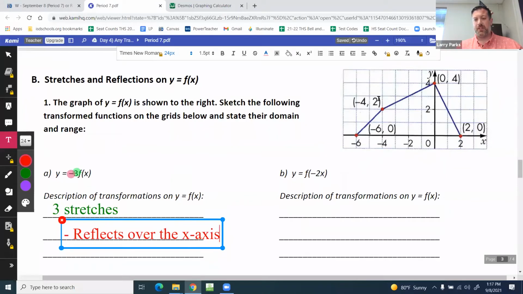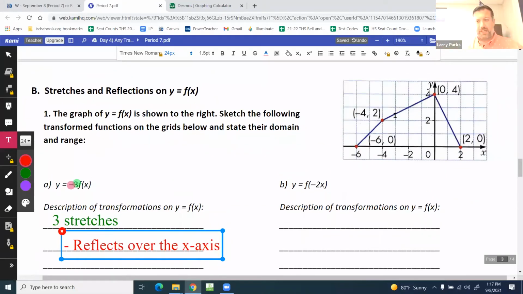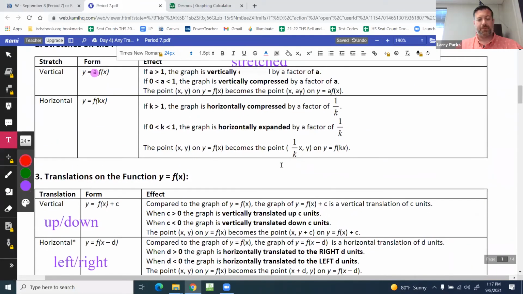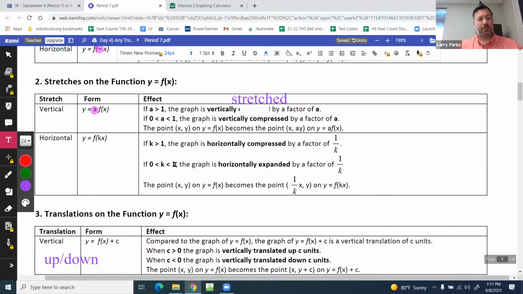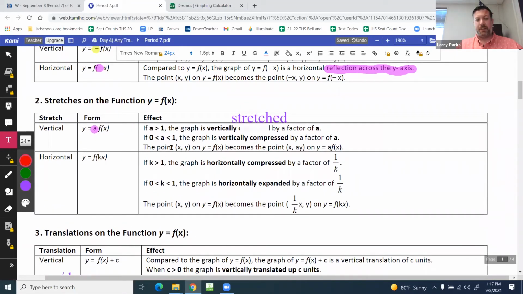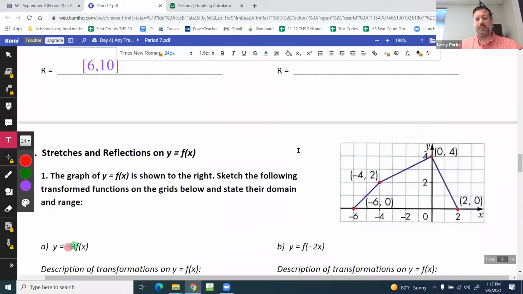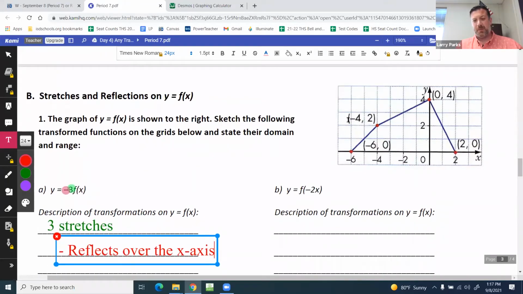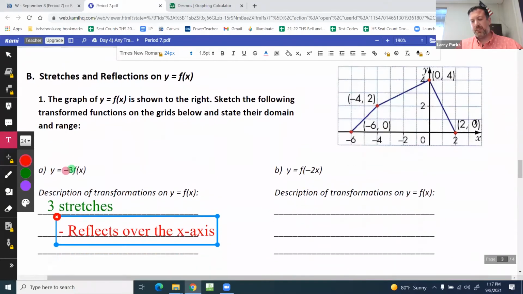And also you're going to take each of these values, you're going to take each of these coordinates, and I'm going to read the rule again. It says X, Y becomes X, AY. So what they're saying is the X value stays the same, but you're going to take -3 times the 2, -3 times the 0, -3 times the 4, and -3 times your 0, and that should do it all for you.